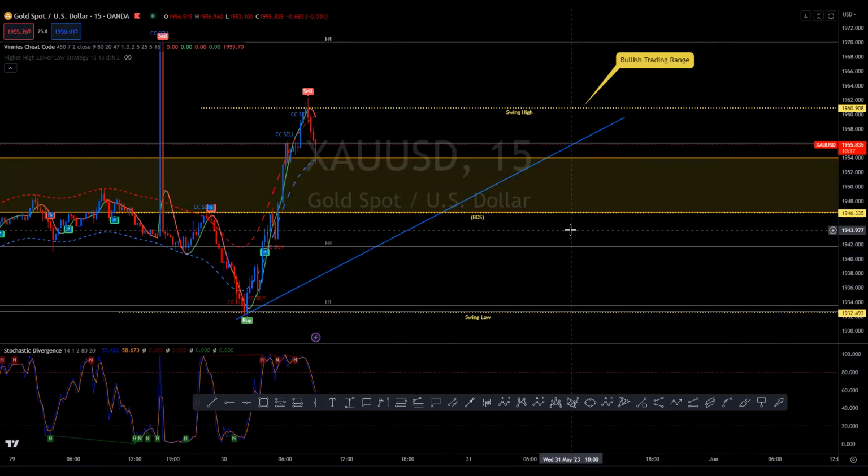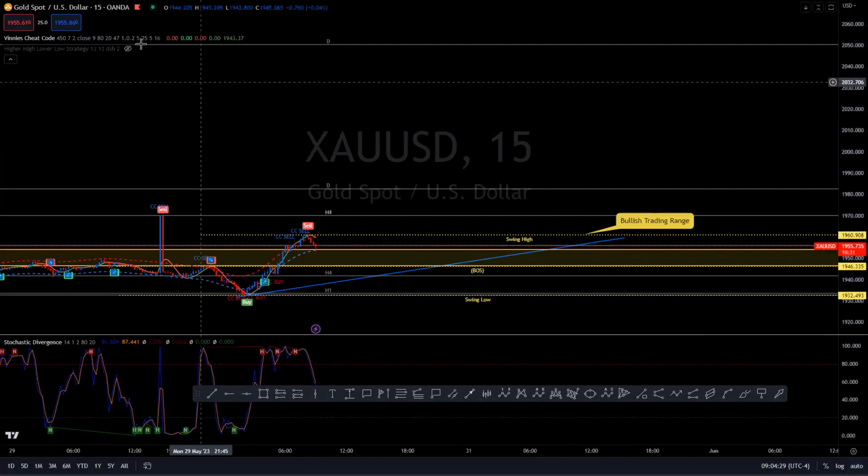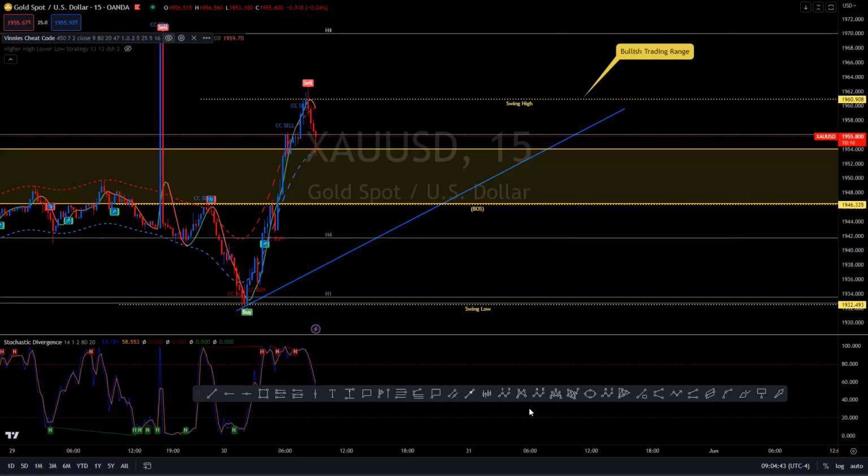So with that being said, we're going to wait for the 9:15 candle to close, which will be, excuse me, a little over 10 minutes, and then we'll make a decision on what trade we're going to do. Okay, so stay tuned.